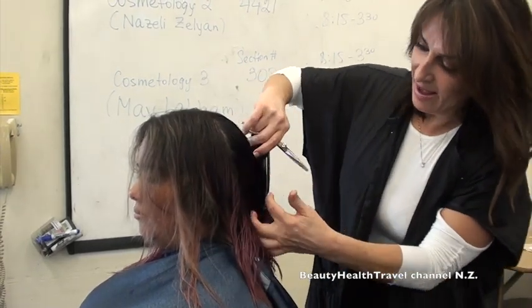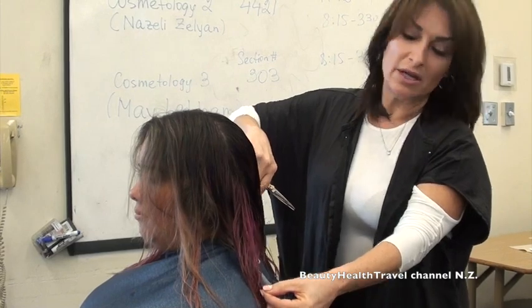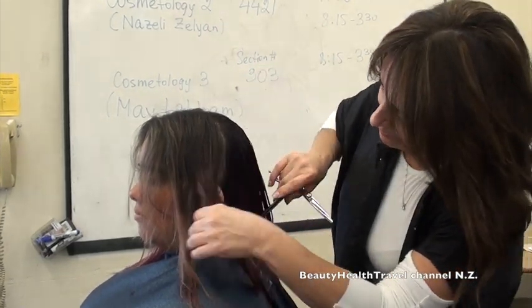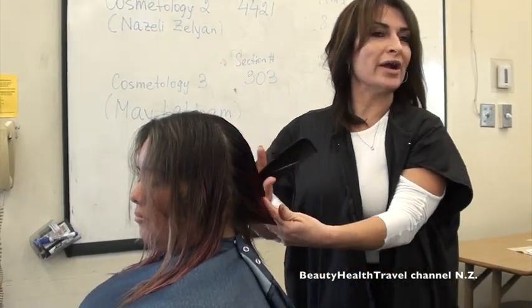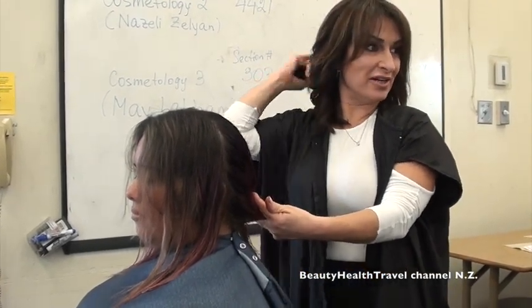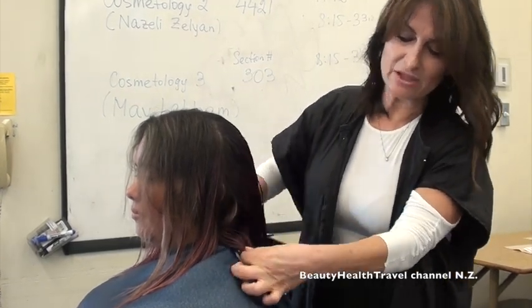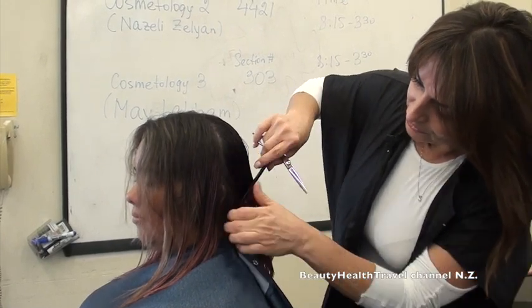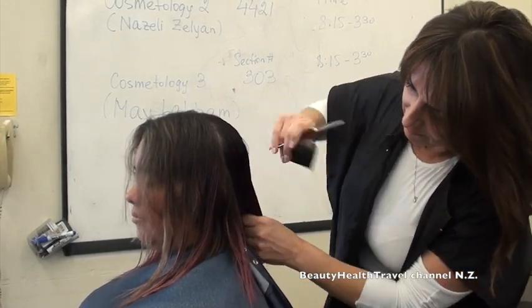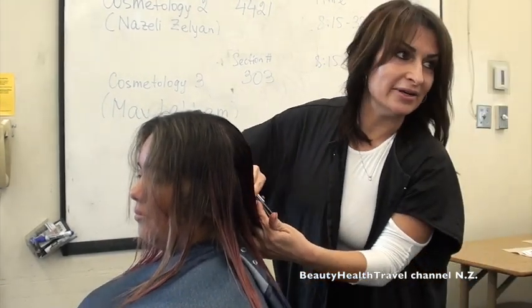So I pulled this back, which made this longer, which helped me prevent making a hole here. But if I did more graduation, a closer graduated bob in the back, and cut it shorter, then when I let this go, I am going to have a hole there. So even if I was going to go shorter, I would drop my zero, make sure I drop all this, and then pull this back and layer it.